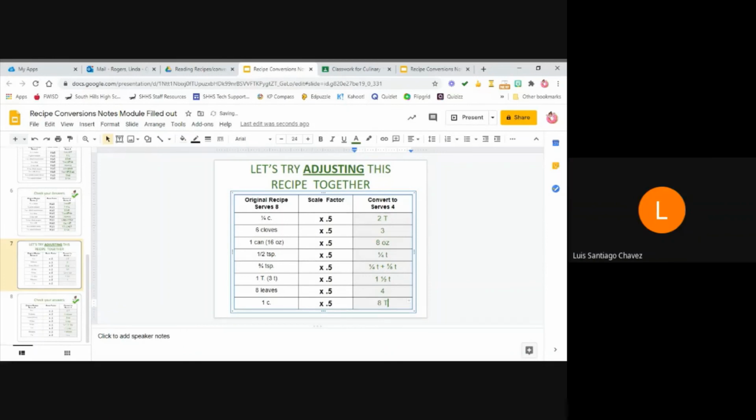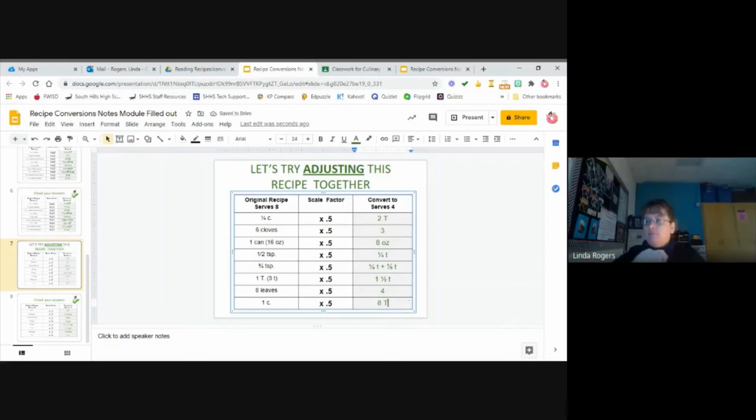Well, a half cup. Yeah, you could do 8 tablespoons, but then you're not going to have as much accuracy as if you just did 1/2 cup. Does that make sense?